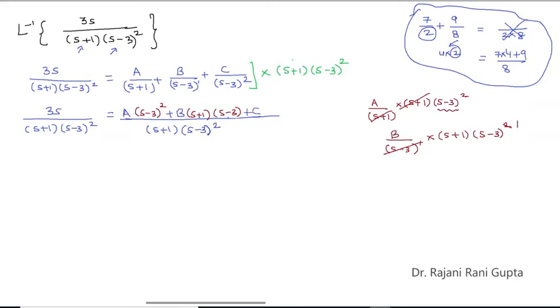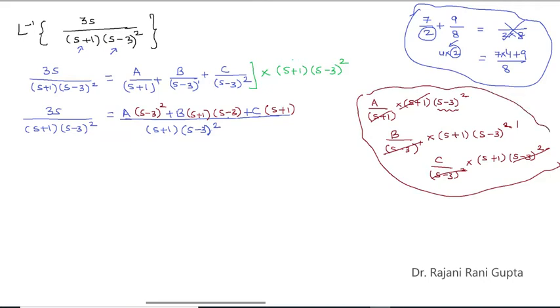Now we want to check what will come with C. In the same way, C over s minus 3 power 2 multiplied with s plus 1 into s minus 3 power 2. This gets cancelled, so you are left with s plus 1. It's not necessary that you do this calculation separately.